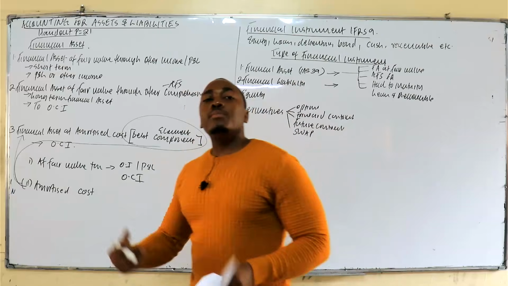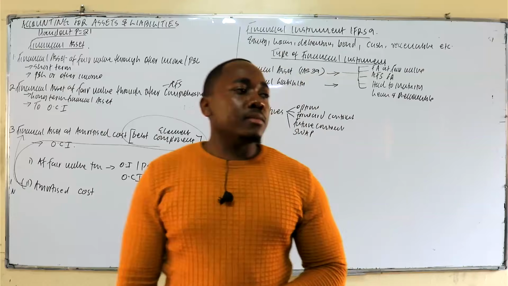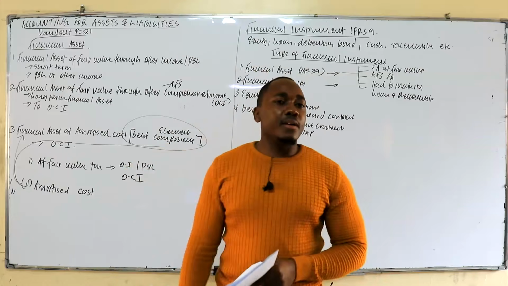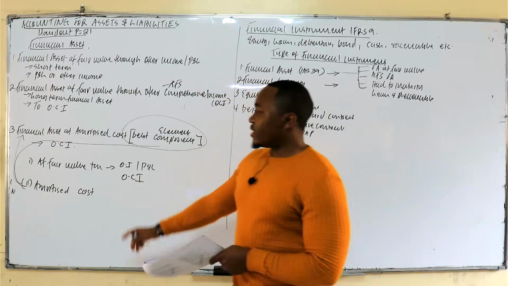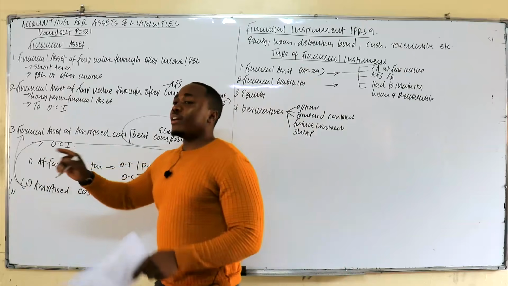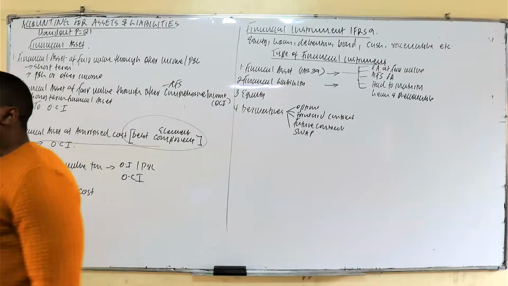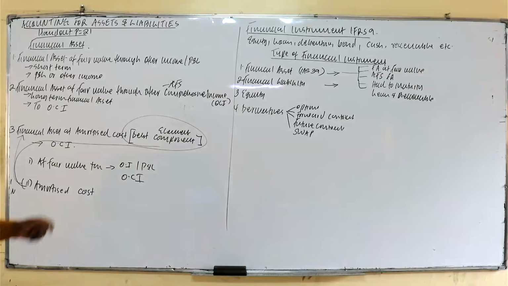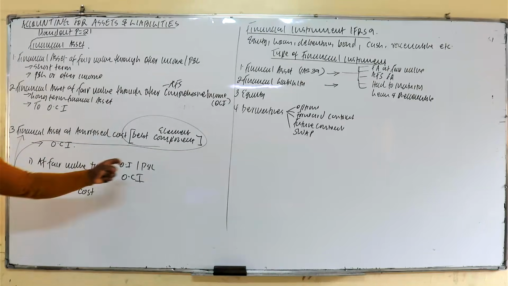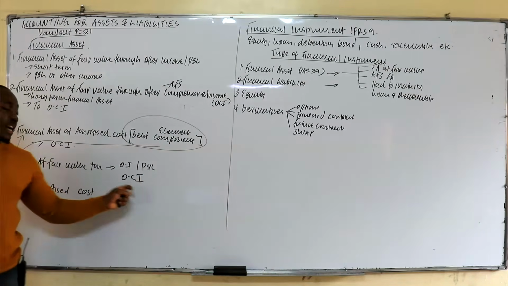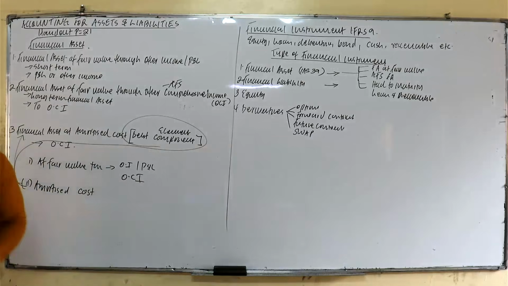What about subsequently? Either fair value through P&L or other comprehensive income, or at amortized cost. Amortized cost, and that's all.